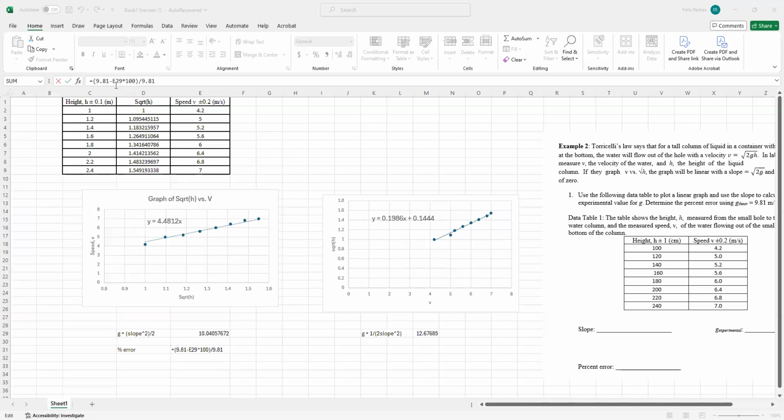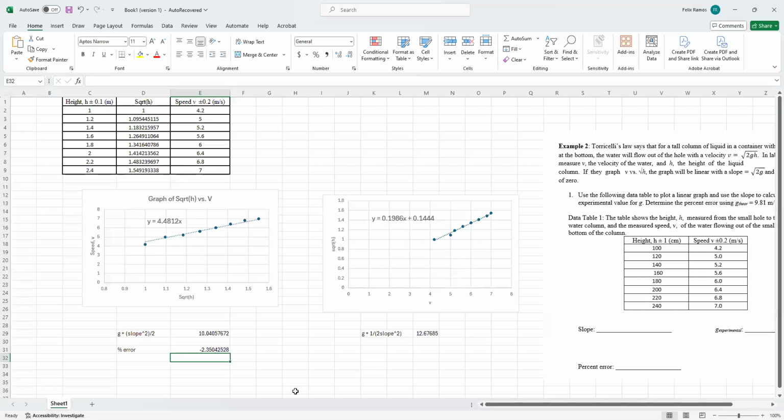Yeah, the error that I made is an error with the parentheses. So when you are working in Microsoft Excel, you must be very careful with parentheses, because I'm multiplying by 100, but I have to include 2 more parentheses here. I will just find the difference between 9.81 and the value of gravity that I got. I will multiply that times 100, and then I will divide by 9.81.